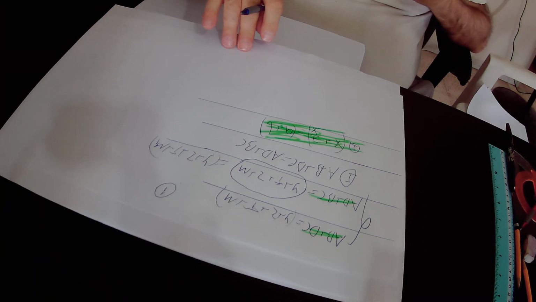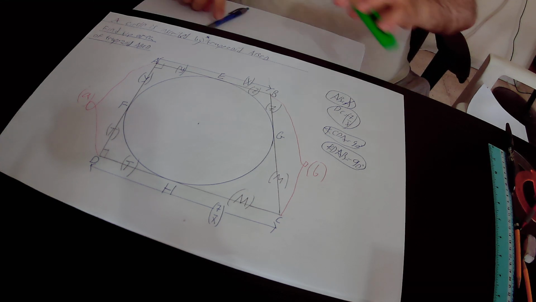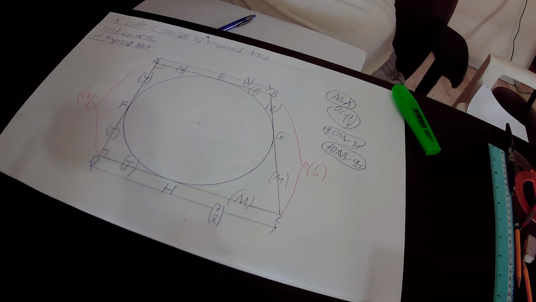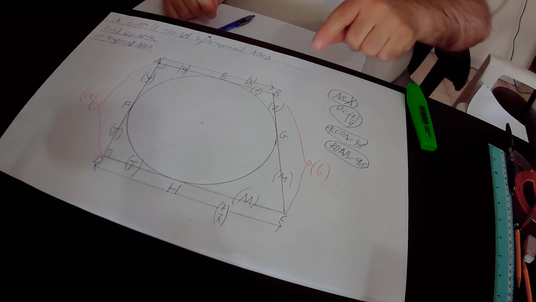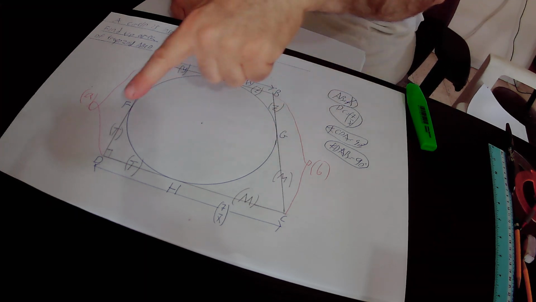In the next step, we will do a construction. That is to say, from point B, we will draw a perpendicular on DC.